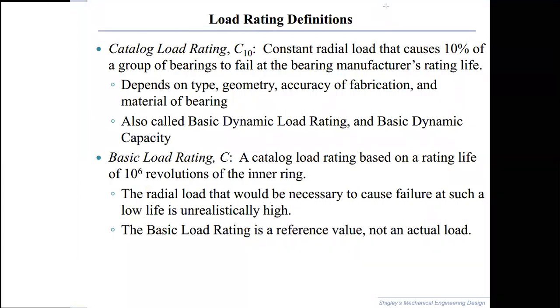Now, what is catalog load rating? It is represented by C10, and as we just defined, if you take bearings and 10% of those bearings fail, you call that life the L10 life.